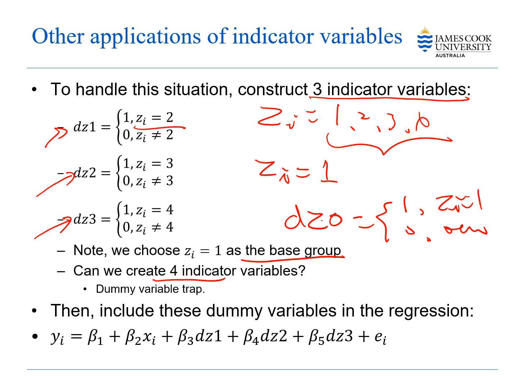This is called the dummy variable trap. So you should omit one particular group, and that means you choose that group as a base group to avoid this perfect multicollinearity, or dummy variable trap. So we include 3 here.